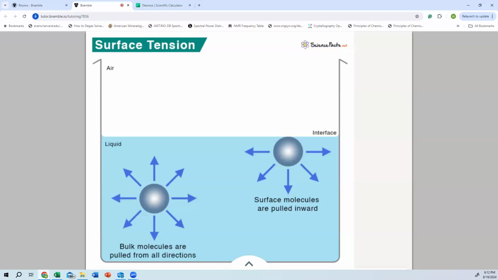This is responsible for bugs being able to walk across the surface of water, as well as water droplets being spherical instead of spread out. It wants to interact with just other water molecules and minimize the amount of contact it has with the non-polar air.